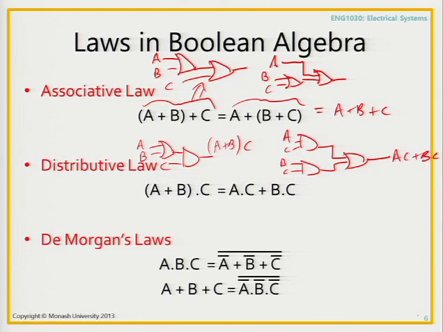Okay, and here's a couple of Boolean algebra specific laws. Now these laws don't apply in normal algebra. There's no such thing as these laws in normal algebra. And what this says is that if I have an AND gate, so over here, if I have a function A and B and C, then it's actually equal to the opposite of, so what we do is we invert all the variables.